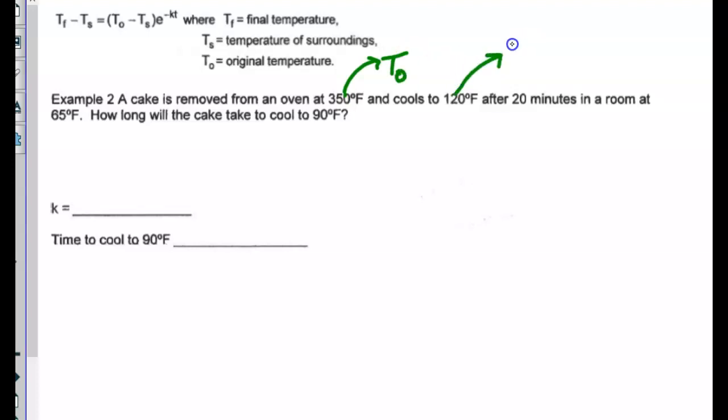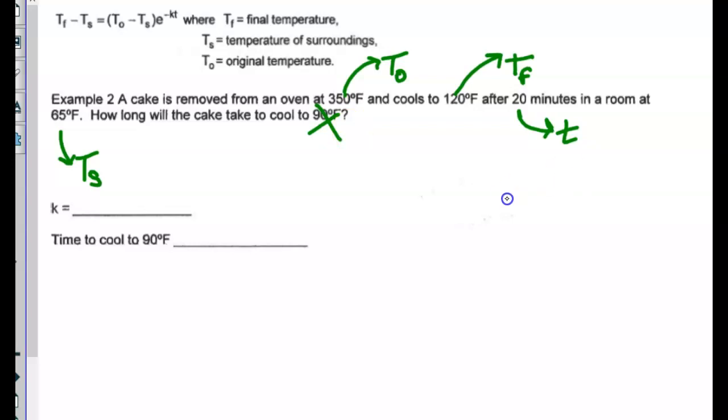So originally this is our final temp, right? That's going to help us calculate the K first. 20 minutes is our time. And the room is this, which is T sub S or T sub M, depending what it says on your paper. All right. We don't use this number yet.